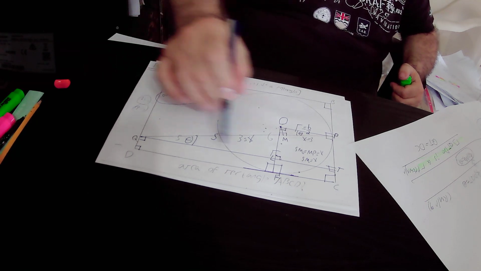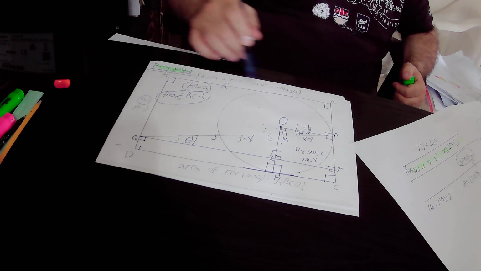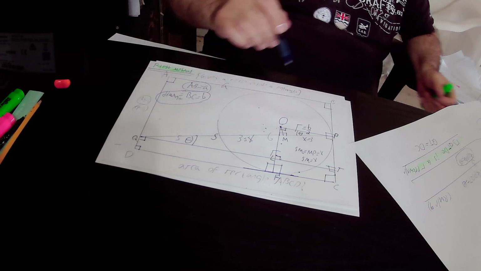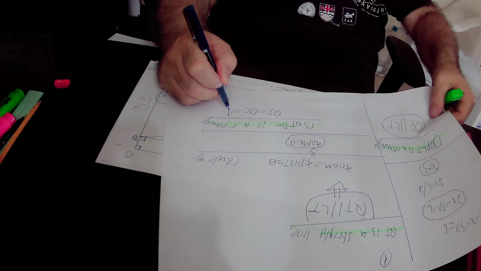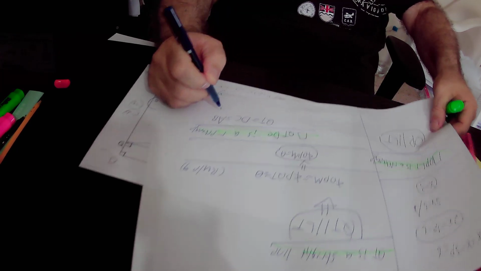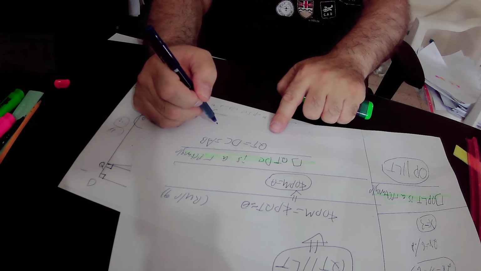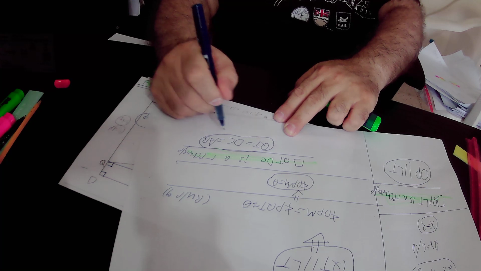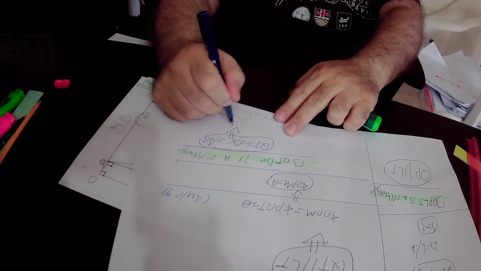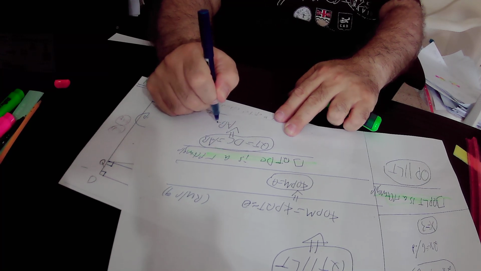That is to say, DC is equal to AB. So here you can write down that DC equals AB. And from this equation, QT equals DC equals AB, we will derive that AB is equal to DC.